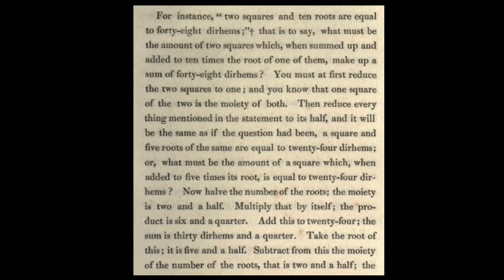Then reduce everything mentioned in the statement to its half, and it will be the same as if the question had been, a square and 5 roots of the same are equal to 24 dirhams. Or, what must be the amount of a square which, when added to 5 times its root, is equal to 24 dirhams? It goes on, but I hope you get the point. Algebra was way more difficult to follow back in the Middle Ages.